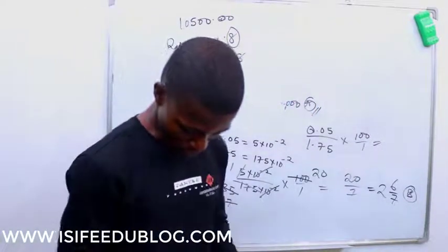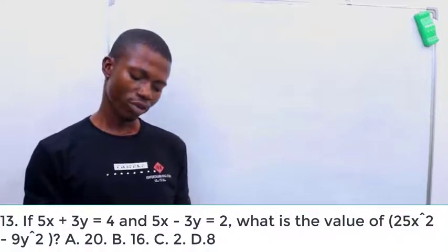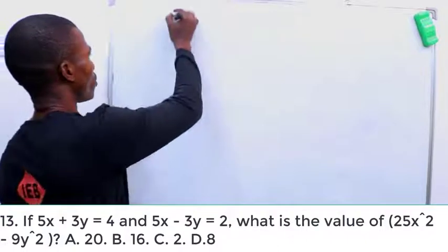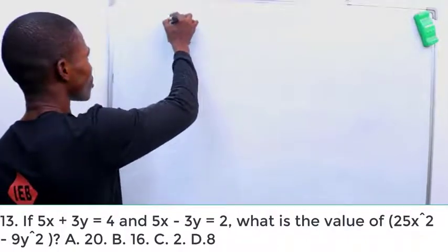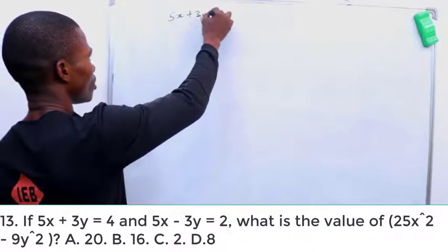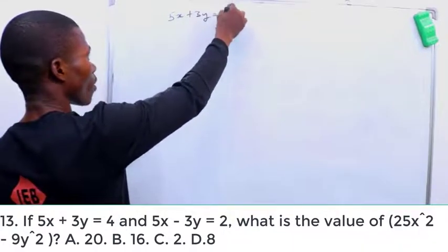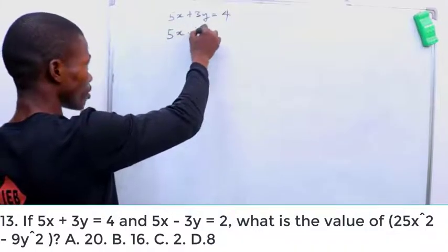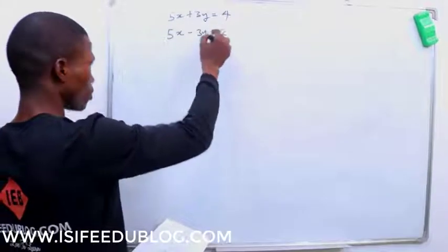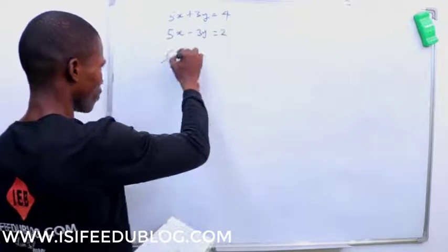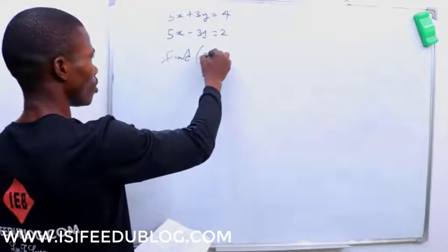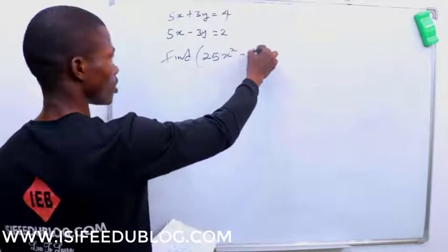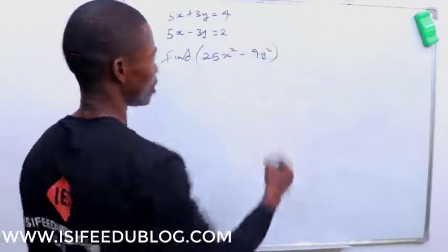Let's quickly go over to the next question. Question number 13 says, if 5x plus 3y is equal to 4, and 5x minus 3y is equal to 2, find the value of 25x squared minus 9y squared.